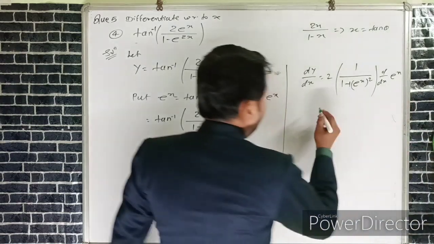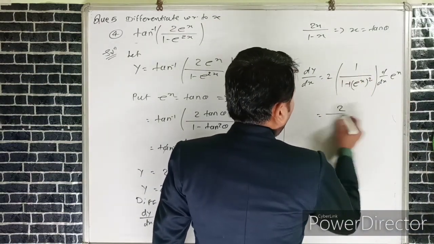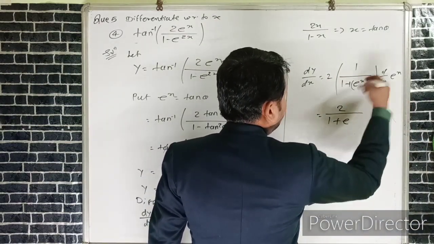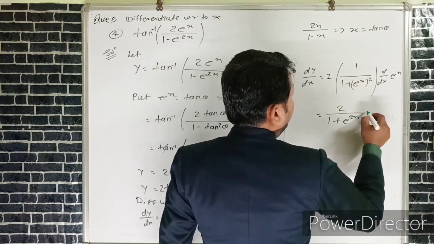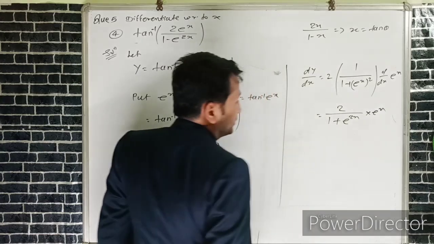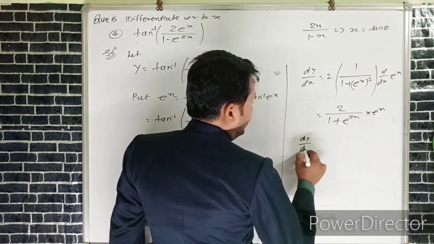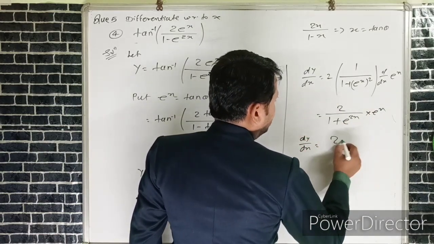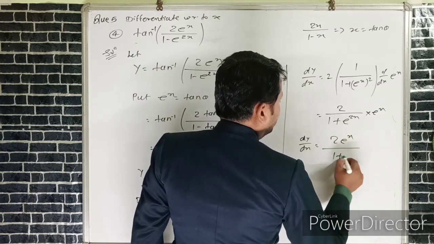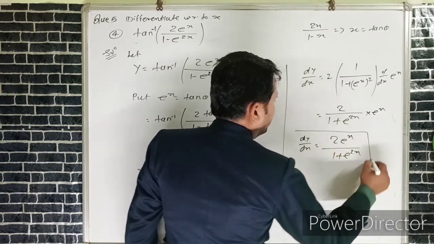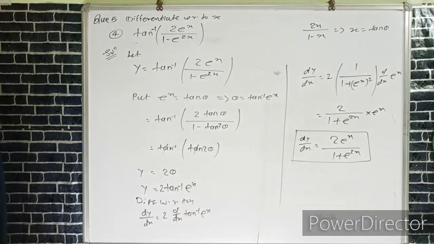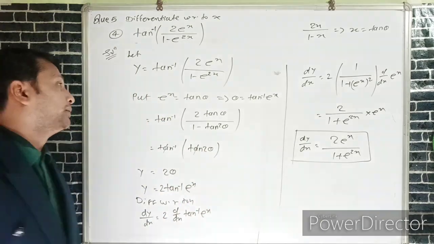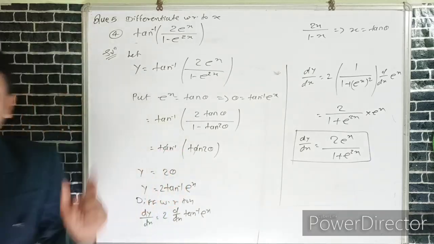After that we can write it as 2 upon 1 plus e to the power 2x, into again the derivative of e to the power x, which is e to the power x. Hence we can write dy upon dx is equal to 2 e to the power x upon 1 plus e to the power 2x, which is the required derivative of the given function y, when y is equal to tan inverse of 2 e to the power x upon 1 minus e to the power 2x.